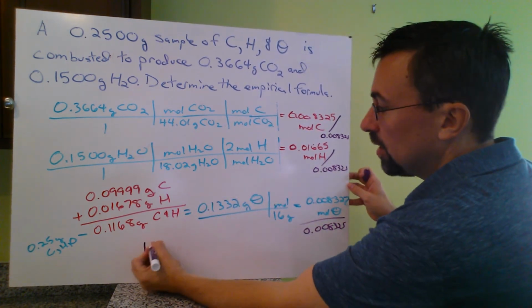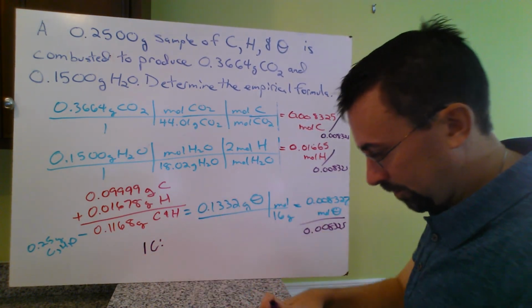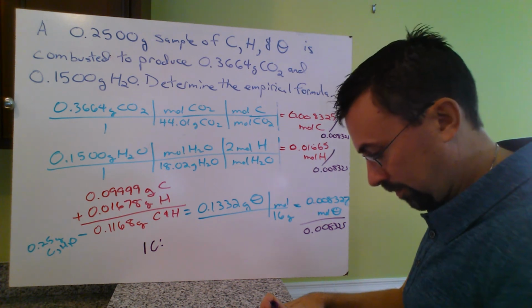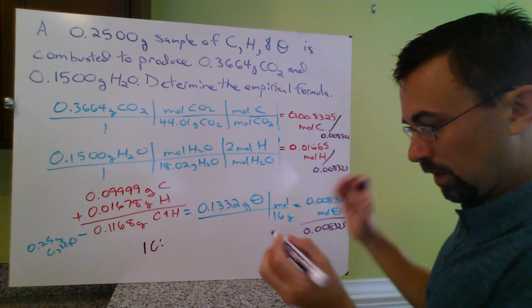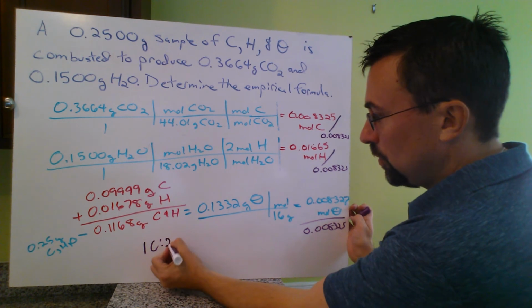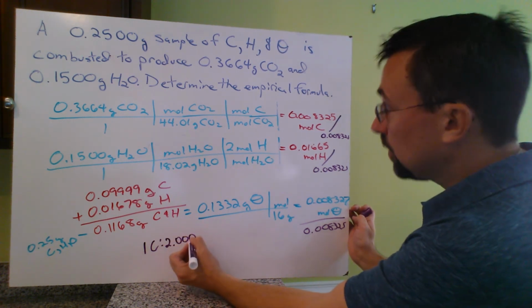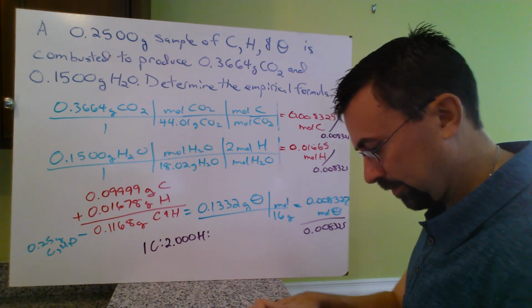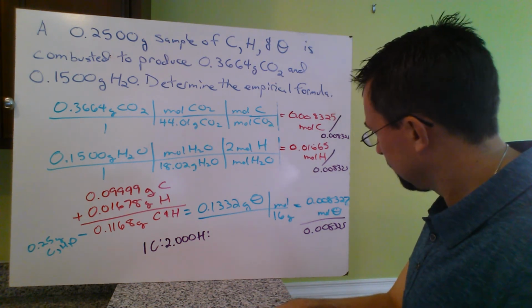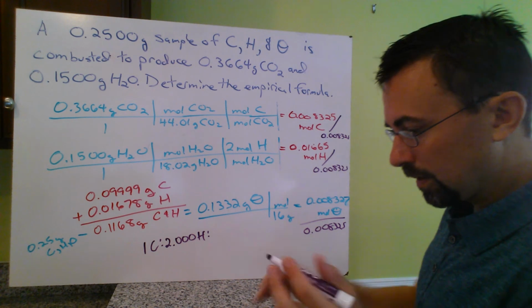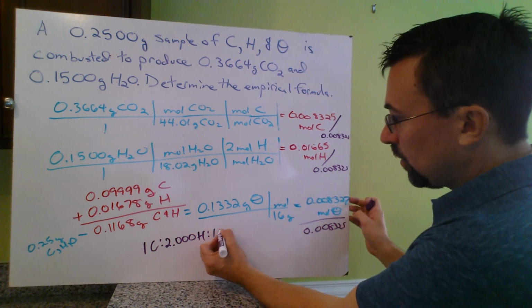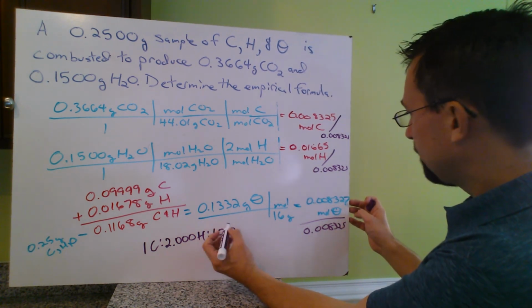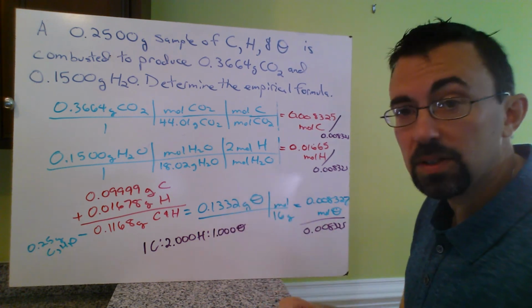We're obviously going to get one carbon, 2.000 hydrogens, and 1.000 oxygens. So we don't have to do any fractions.